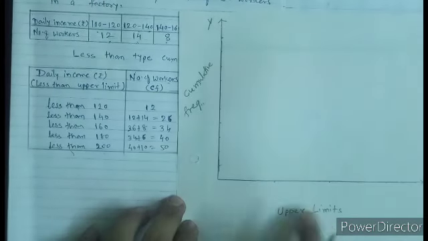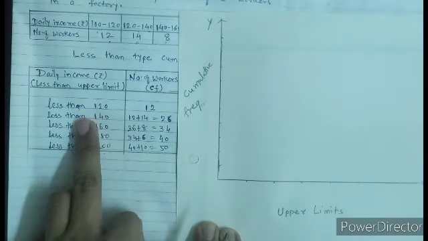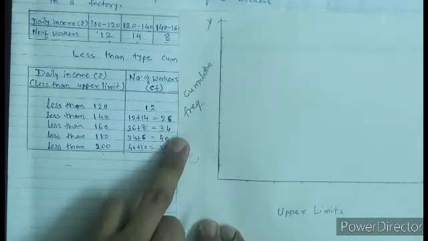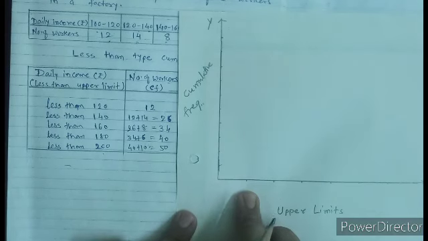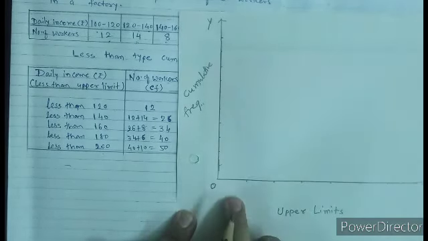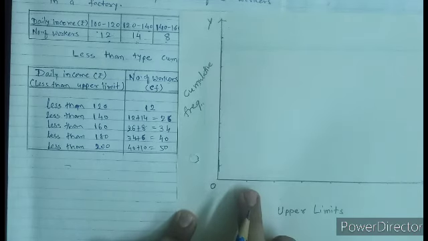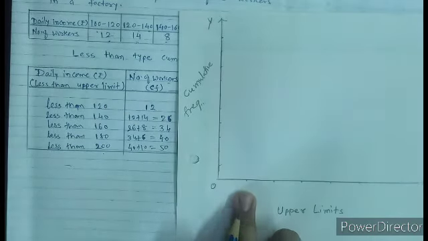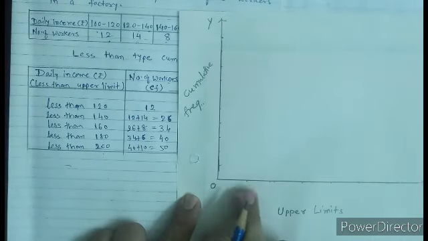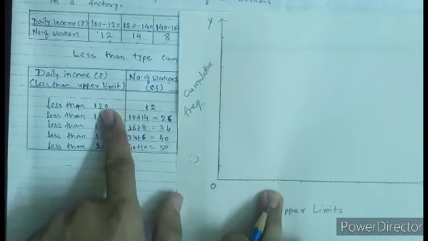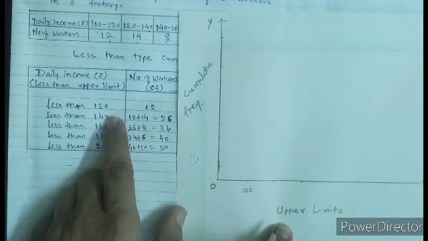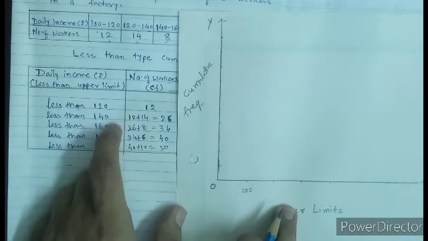Let us check what are the limits. Here the upper limit starts from 120 and it is up to 200. So we have to start from 120 on x-axis. We know that the intersection of x-axis and y-axis is 0. Now we have to start from 120, and the difference between two consecutive terms is 20, so we have to take 1 unit equals 20. Let us start with 100. If this is 100, then every 1 unit will be equal to 20.